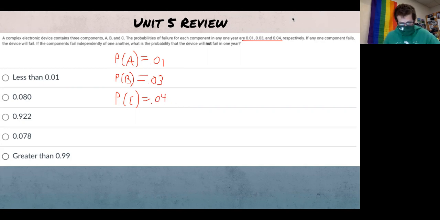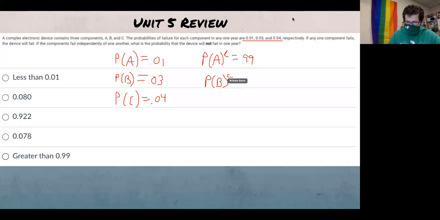So we don't want any of those things to happen. What's the probability that A doesn't fail? That's 0.99. The probability that B doesn't fail is 0.97. And the probability that C doesn't fail is 0.96. We want all 3 of these conditions to be true.